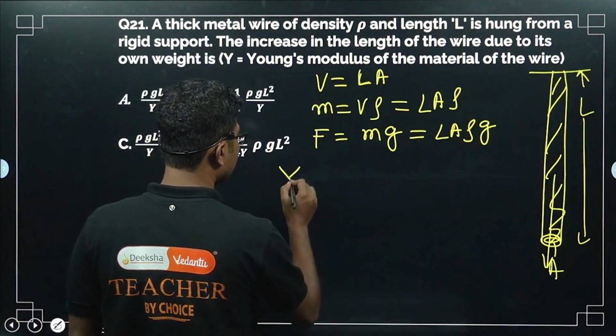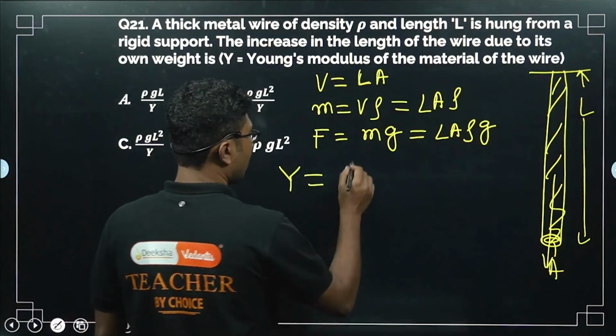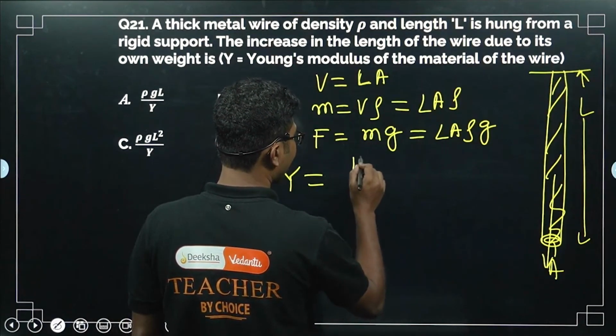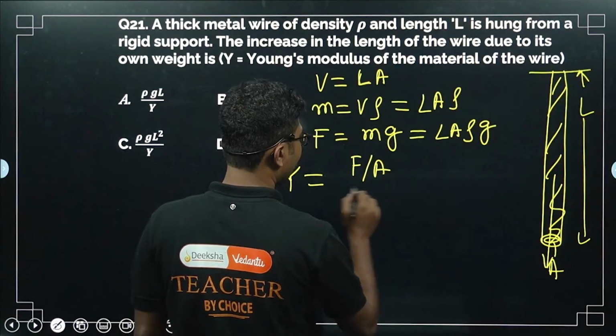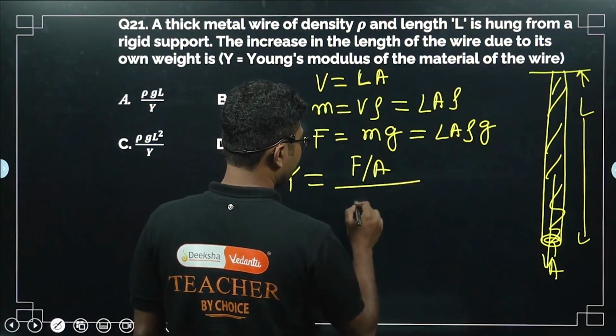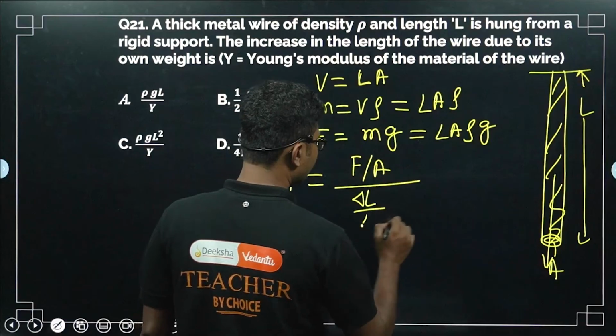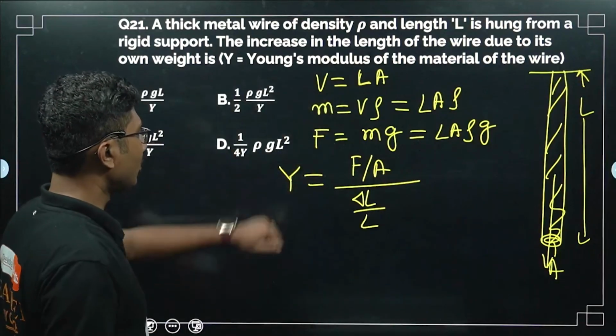Now apply the formula for Young's modulus. Young's modulus is given by longitudinal stress, that is F by A, divided by longitudinal strain. Strain is delta L, that is the increase in length, divided by original length. Okay, this is the formula for Young's modulus.